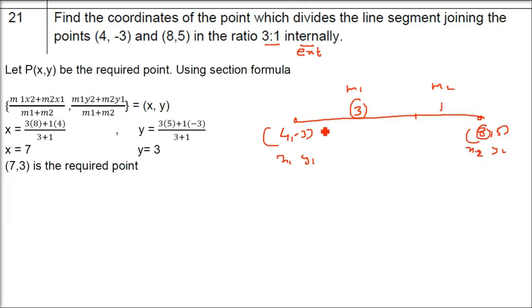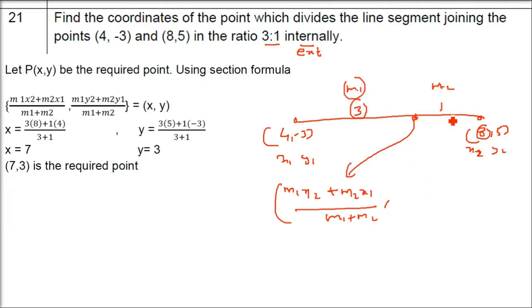The formula, if you remember: M1 has to be multiplied by X2, and M2 has to be multiplied by X1. So (M1 X2 plus M2 X1) divided by (M1 plus M2). Always M1 plus M2 will come. This is the X coordinate of the point which divides this line 3:1 internally. If it is external, then you have to subtract. The subtraction sign will be there.